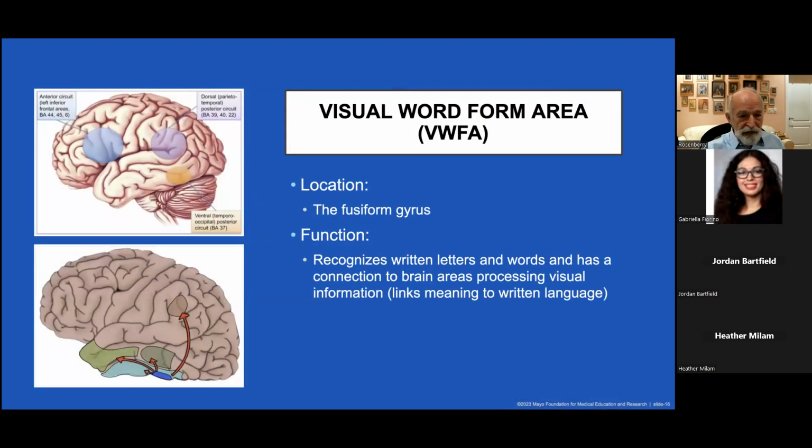On the left here, you see some specific brain regions that form the area for the visual word recognition. And they're in a section of the temporal cortex called the fusiform gyrus. And its function is to recognize written letters and words, and it has a connection to brain areas processing visual information and links meaning to written language.